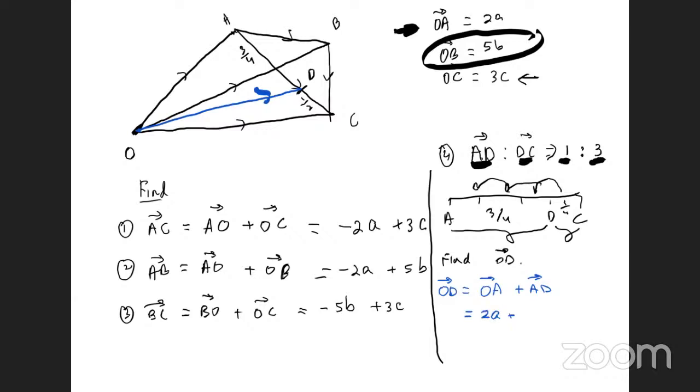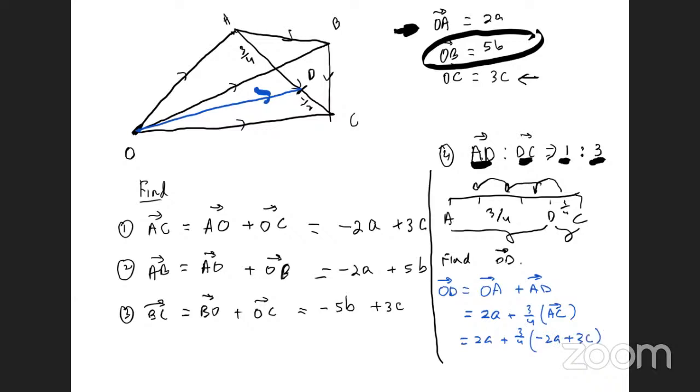And A to D is 3/4 of the way. That's the reason why I write the little symbols there, the little fractions. So it's 3/4 of AC. So 2A plus 3/4 of AC. Where's AC again? AC is minus 2A plus 3C.